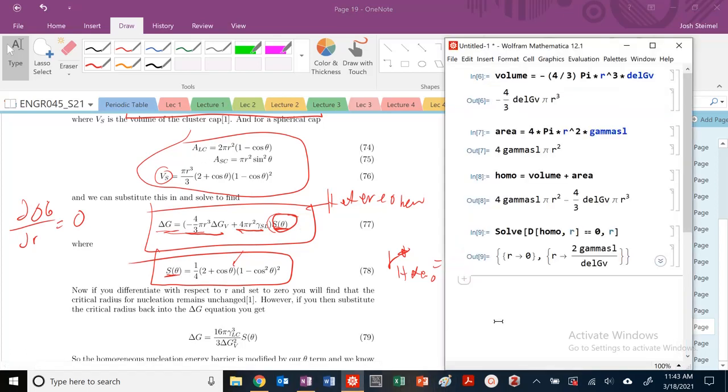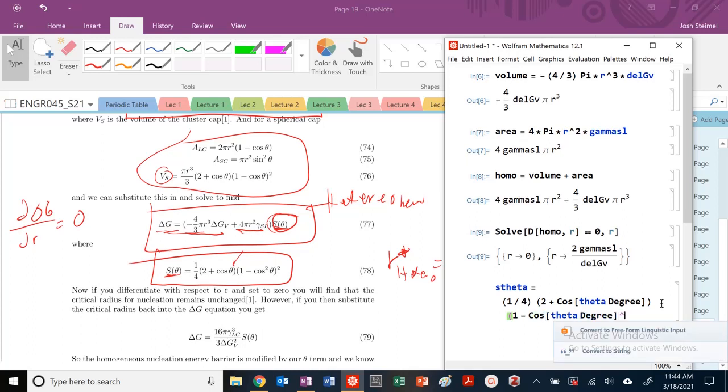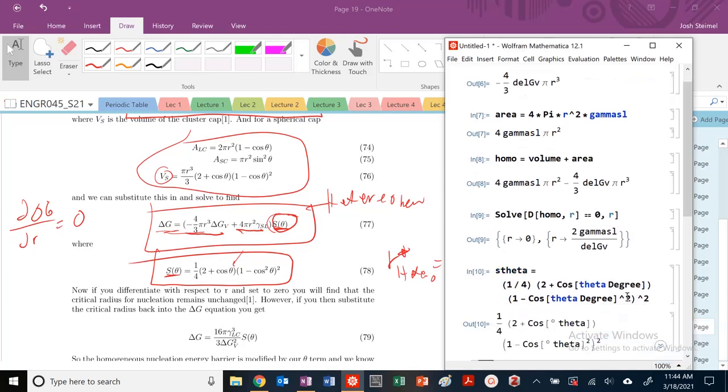S theta equals 1/4 times 2 plus cosine theta, in degree mode, times 1 minus cosine of theta squared, theta in degree mode, and then I want to square that. So that's my S theta.